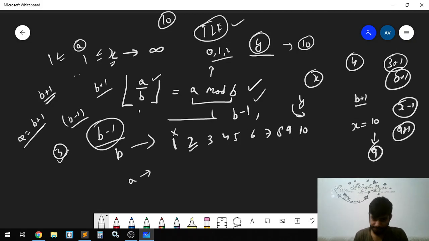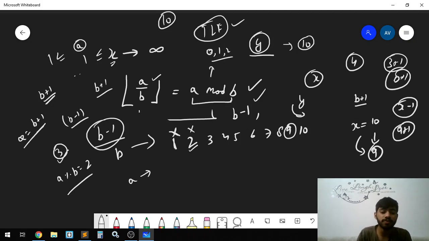But I see one more thing: x minus 1 gives me 9, but the total number of special pairs that are forming is 9 minus 1, because one cannot make a pair. Similarly, when we move to the second mod, that is a mod b equals 2, then 2 can't make that.